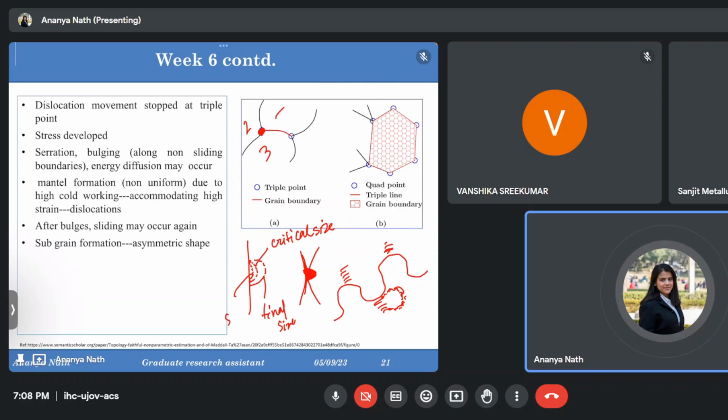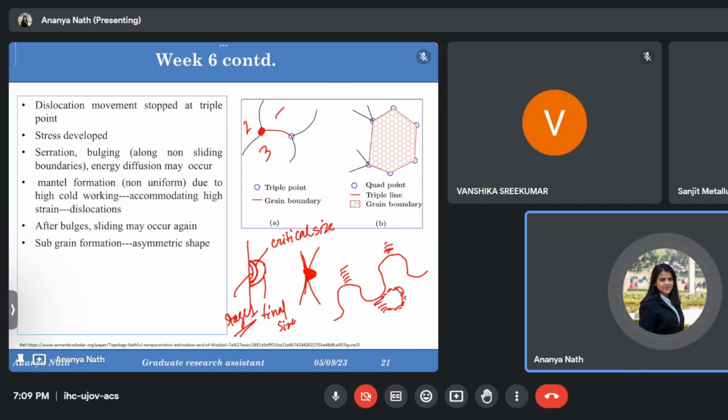This is stage 1, the bulging is at stage 1. As soon as it gets the critical size, it will continue spreading its arm to get the proper bulge of final state.